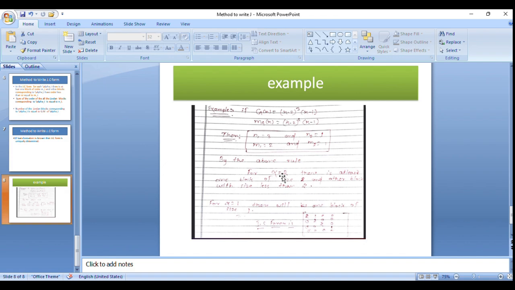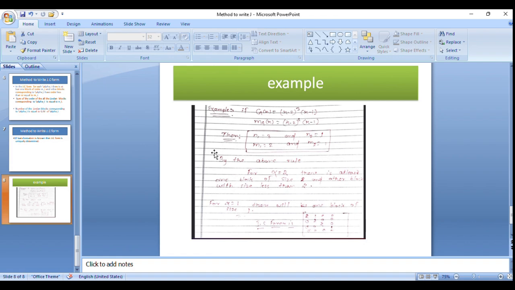So one block should be of size 2 and the other blocks of size less than or equal to 2. For m2 equal to 1, corresponding to the eigenvalue 1, we have only one block, because at least one block should be of size 1 and there is no possibility for size less than 1.